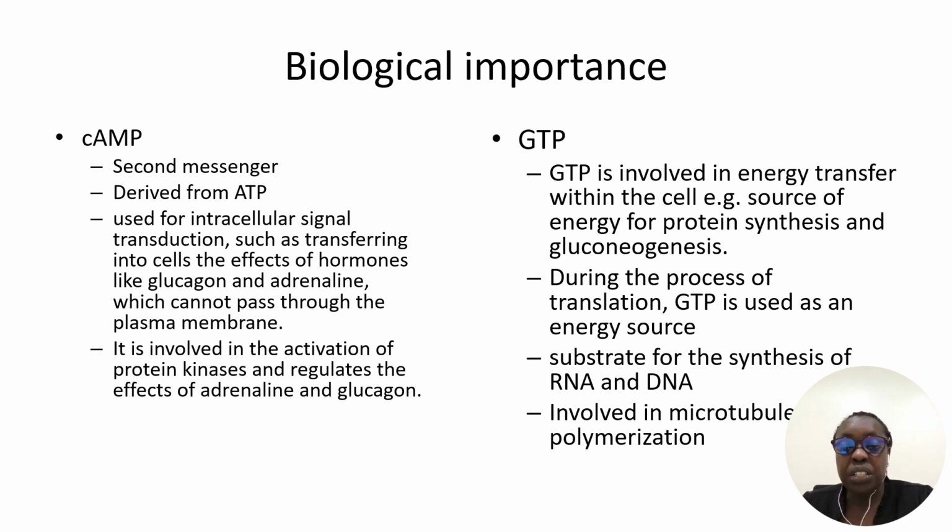It is also used as a substrate for energy for the synthesis of DNA and RNA, and it also serves as a source of energy for polymerization of microtubules. So it also has very important roles. Interestingly, GTP behaves almost the same as ATP, but ATP is more widely used.